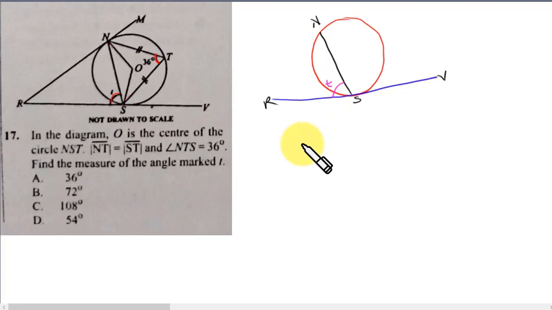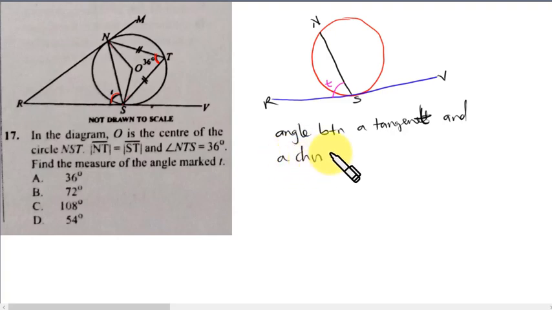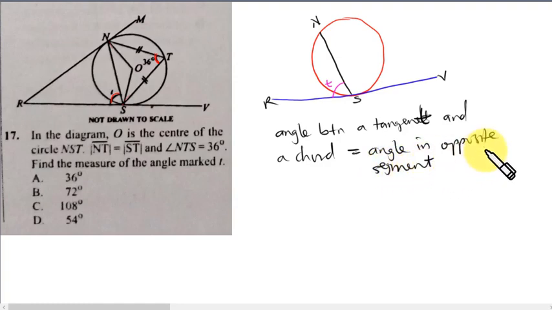Okay. So there is a circle theorem that says that the angle formed between a tangent and a chord is equal to the angle in the opposite segment, or you can say alternate segment.